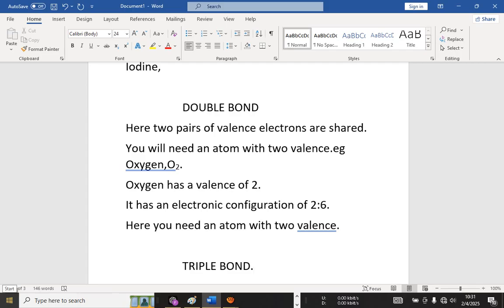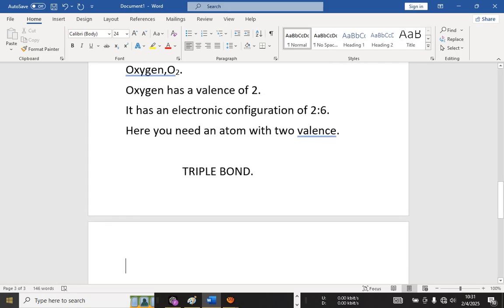For the triple bond, three pairs of electrons will be shared.